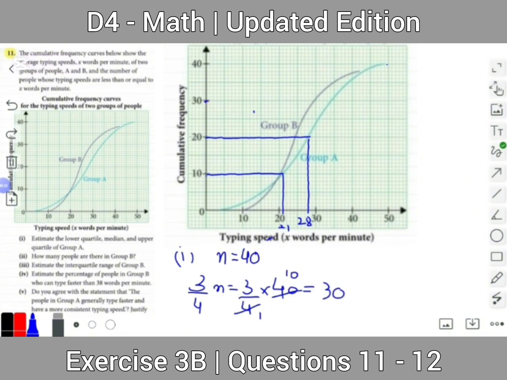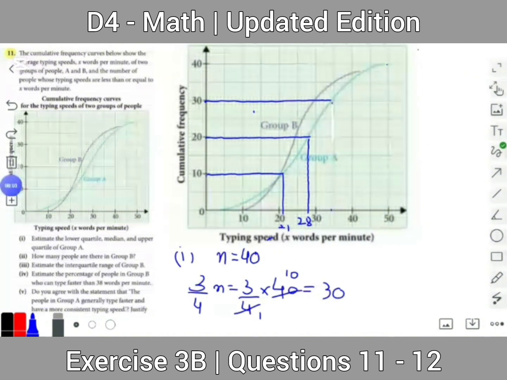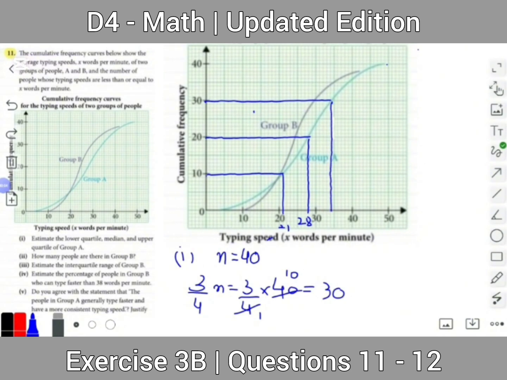From 30 we will draw a horizontal line until it touches the curve representing group A. Now from the point of intersection on the curve we will draw a vertical line until it touches the x-axis. Since each square along the x-axis is equal to 1, we have 30, 31, 32, 33, and approximately 34. So the estimated value of the upper quartile Q3 from the graph is equal to 34.